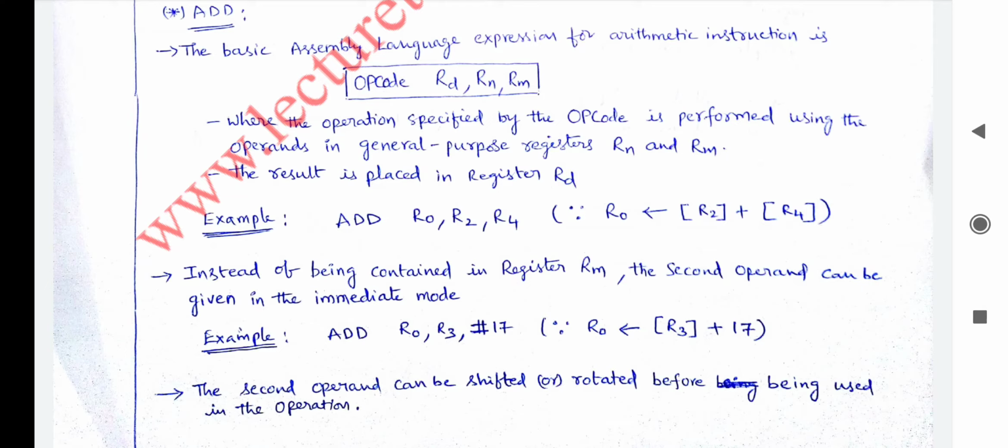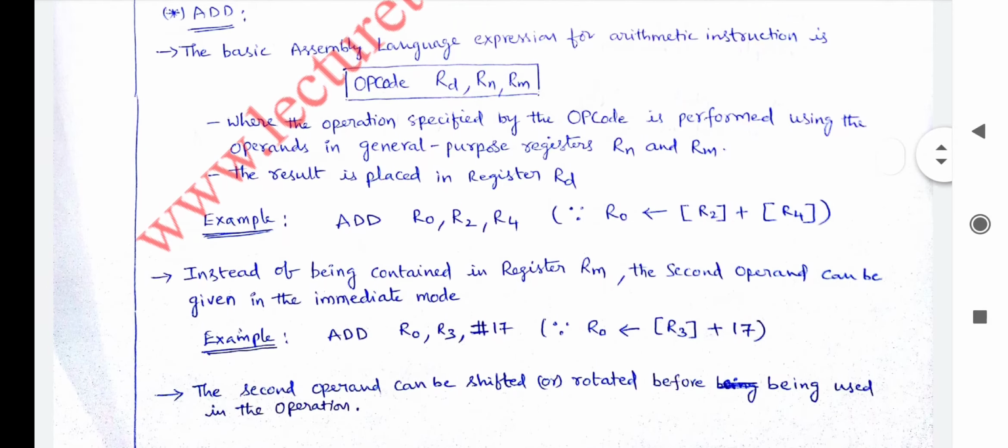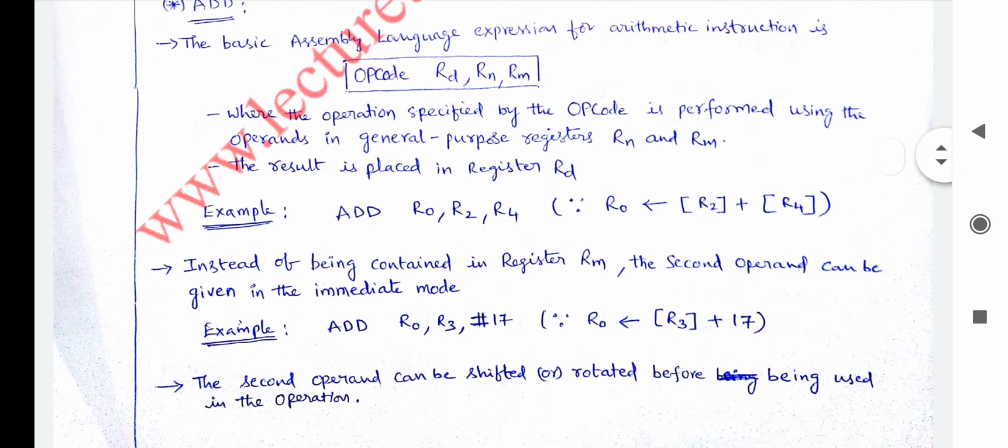We can also add the combination of immediate mode operand with the register also. See here the second example. See, in the first example, add R0, R2, R4, all are registers. Okay, you can add the contents of register R2 and R4 and store the result in R0.